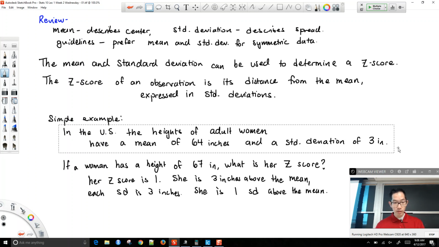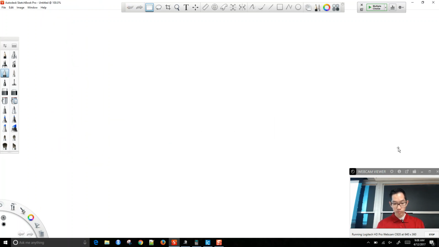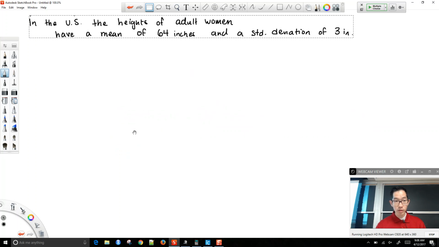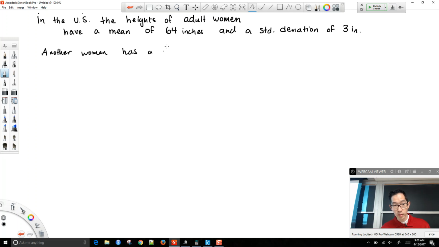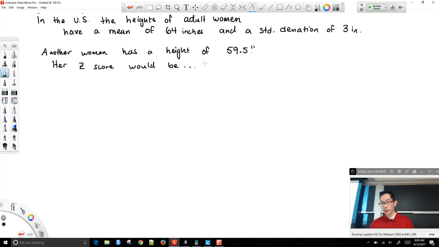We'll say in the United States, using the same setup, another woman has a height of, we'll say, 59.5 inches. Okay, so her Z-score would be what?